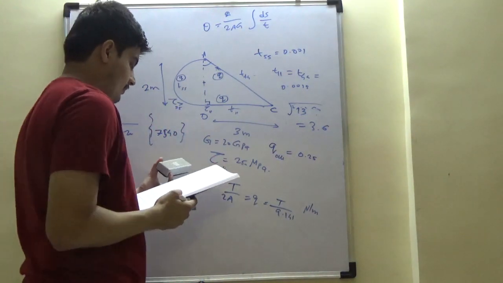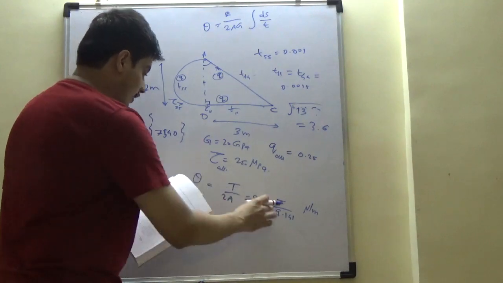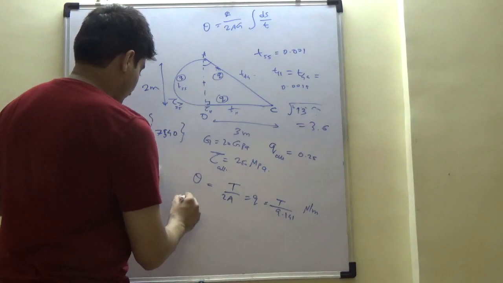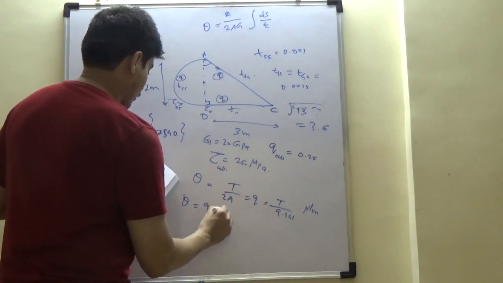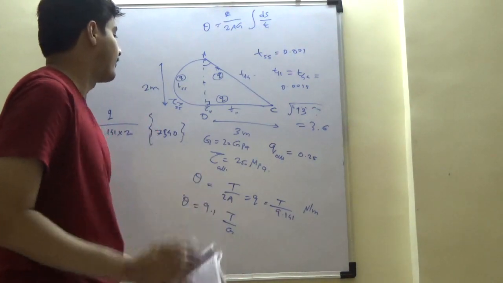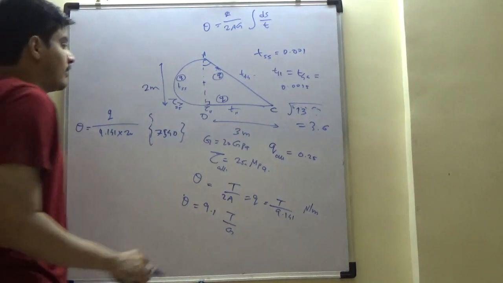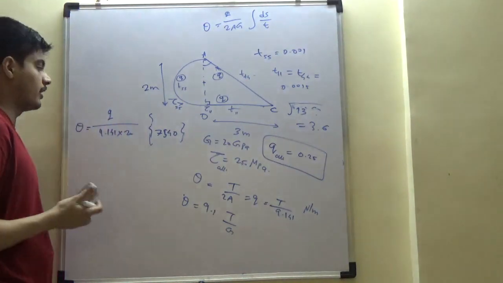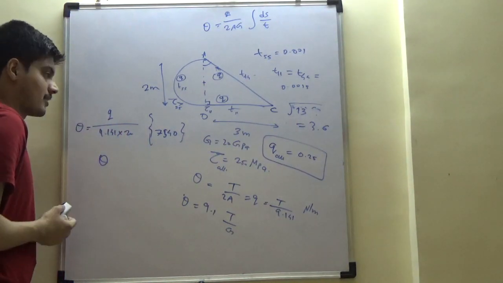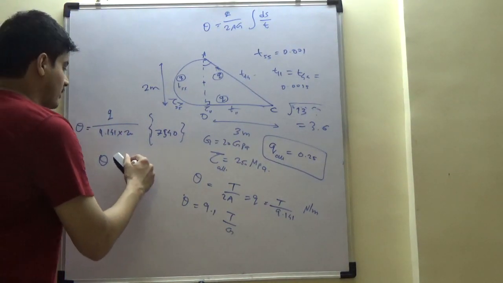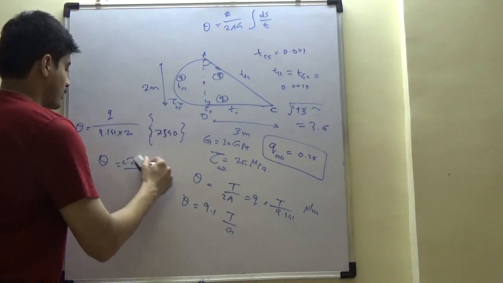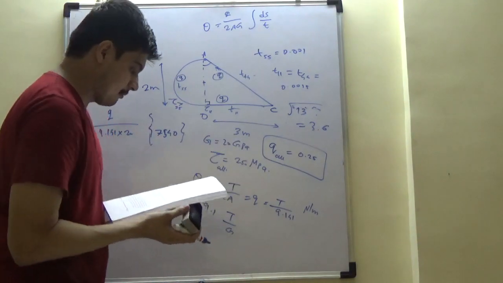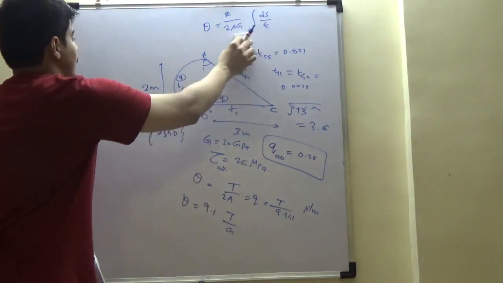And this is further substituted as T, and so you would get theta as 9.1 T upon G. See how I solved it? I looked at allowed q, which I substituted here, and then I looked at the twist. So I substituted it as 0.25 into 7,500 and I got the theta value. So the maximum theta value can then be based on the minimum.